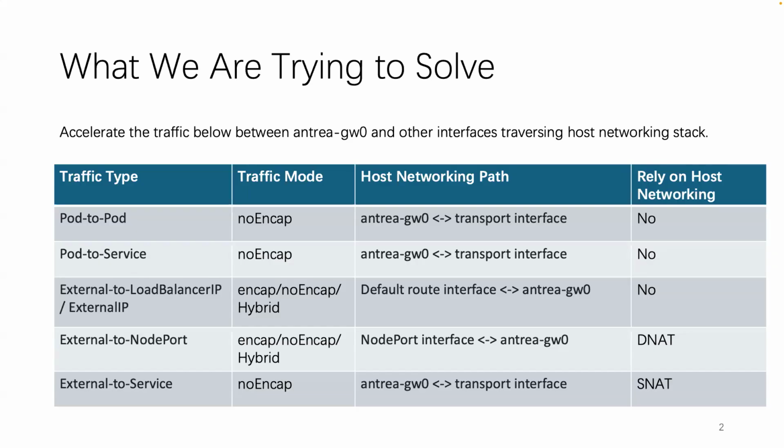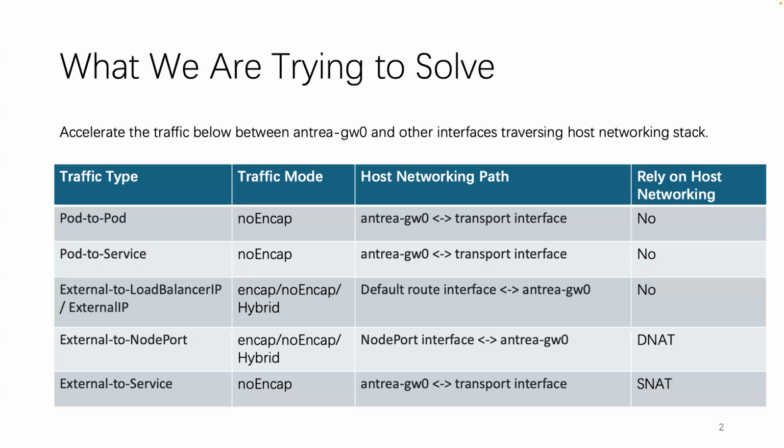As for external to load balancer IP or external IP, the traffic is between the default route interface and antrea-gw0, where Antrea installs an IP route to forward the traffic from external to the OVS pipeline. And this kind of traffic can be in no-encap, encap, or hybrid mode.